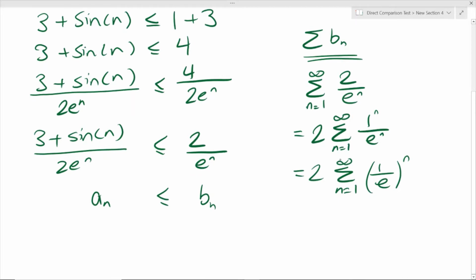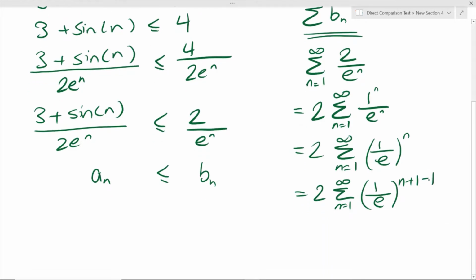So once we wrap this whole thing up like this, we can see that we can use the same trick we used before, where we add 1 and subtract 1 to the exponent. So we use the same trick. And then we're going to look at this and say, it's to the exponent of 1, right?